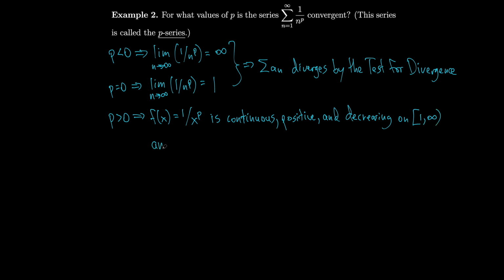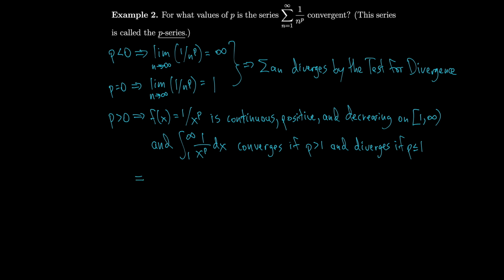And if we take a look at our integral of 1 over x to the p, then we know that that converges if p is greater than 1, and it diverges if p is less than or equal to 1, as we saw in section 7.8, example 2.